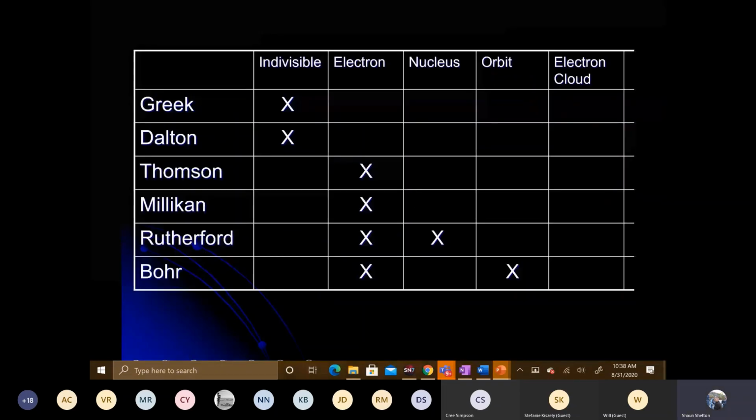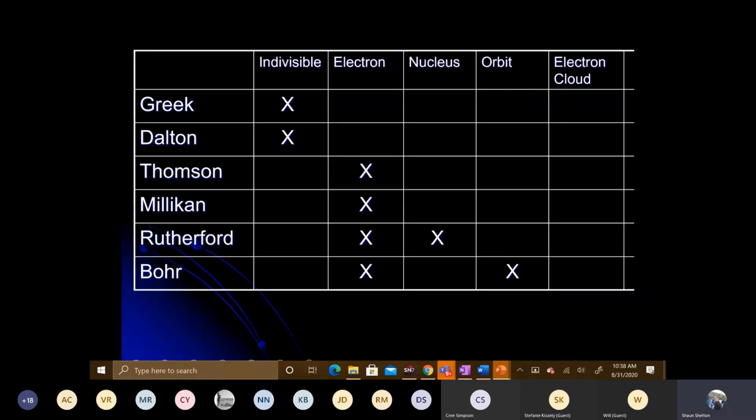All right, so just to summarize everything we looked at with the different scientists. This table talks about Democritus being indivisible, Dalton's model being indivisible. Thompson provided a first hint at the electron, then Millikan discovered the charge of the electron.